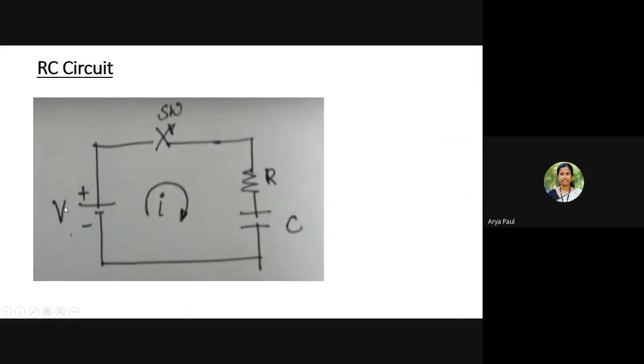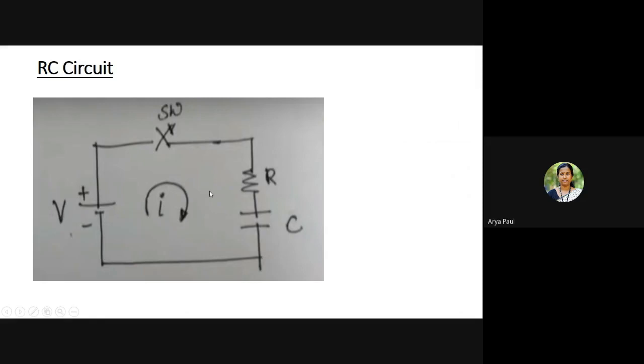Let I be the current. I is equal to voltage divided by R, because the entire voltage is applied across the resistor when the switch is closed at time t equal to 0. So the initial current is V by R.